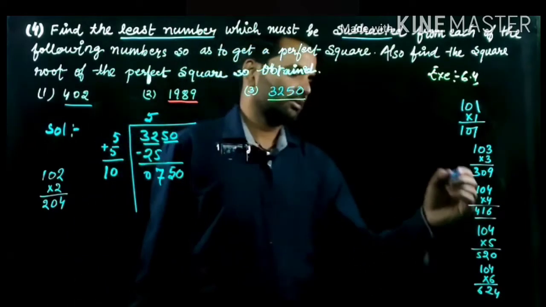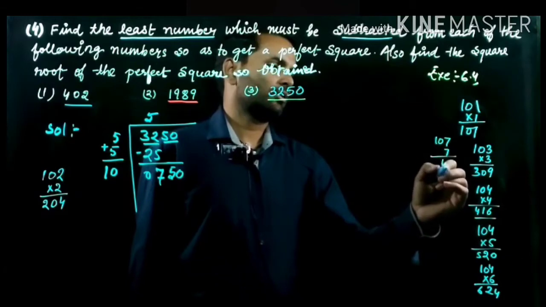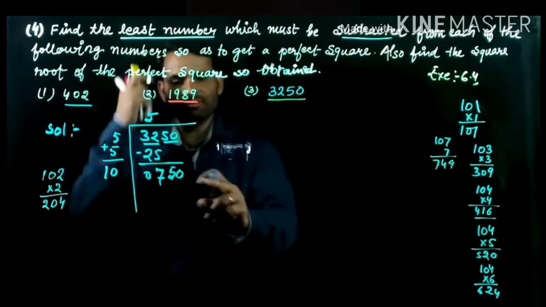The next number we choose is 107, and 7 times 7 is 49, so 749. This is the nearest number to 750.